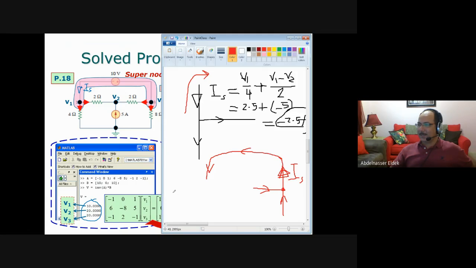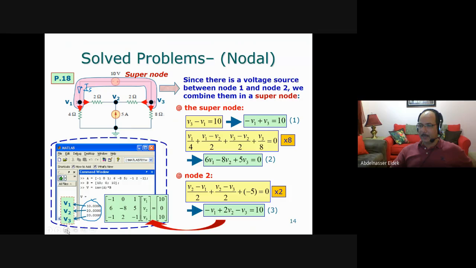So again, in this case, IS equals what? IS equals the first current. The first current is 0 minus V3 divided by 8, because the current is going up.